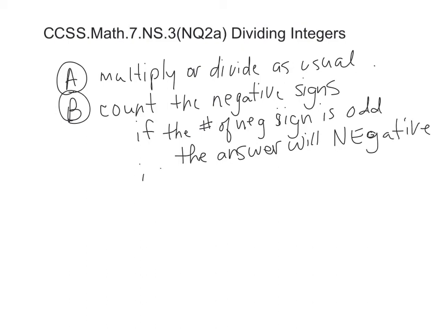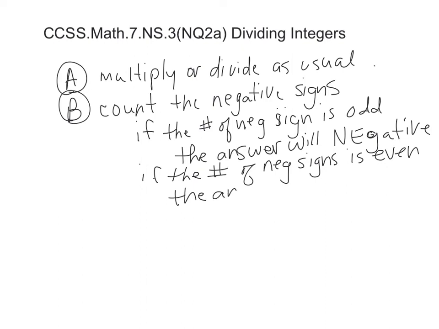And if the number of negative signs is even, like if there's 2 negatives, 4 negatives, 6 negatives, the answer will be positive. So it's all about the signs.